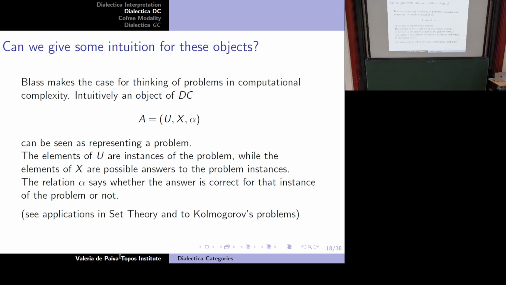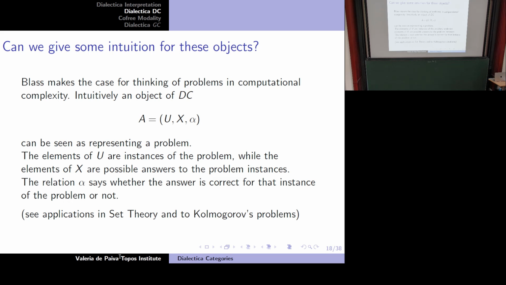But okay, first of all, a little bit of intuition, and the intuition comes from Andreas Blass. The idea is that instead of thinking of them as formulas in Heyting arithmetic, you could think of them as problems in computational complexity, if you like to think about problems in computational complexity. So one object like that can be seen as representing a problem, and the U's are instances of the problem, while the elements of X are possible answers to the problem.